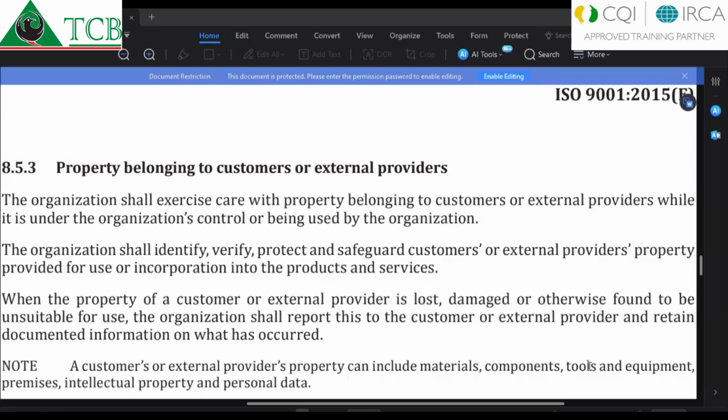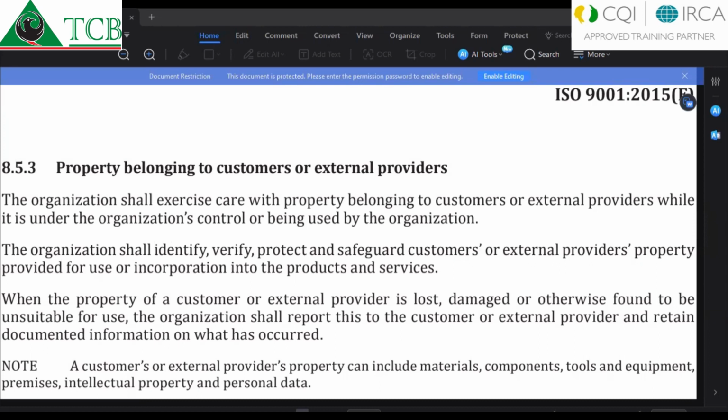So as I said, the scope of the coverage has increased, and this is included in the note. Note is not a requirement itself. It is just to clarify the requirement. The customers' or external providers' property can include materials provided, components, tools and equipment, premises where you are going to work.